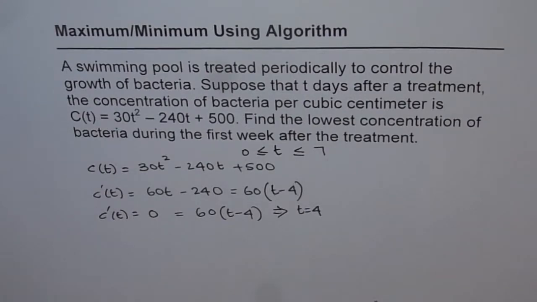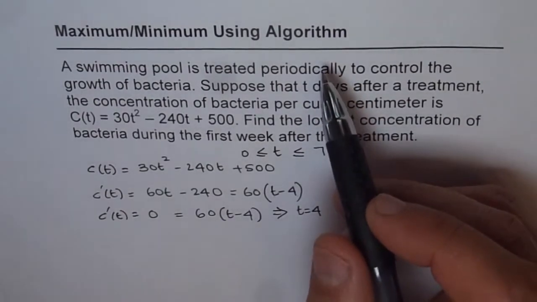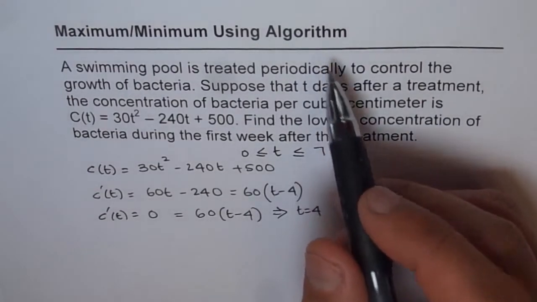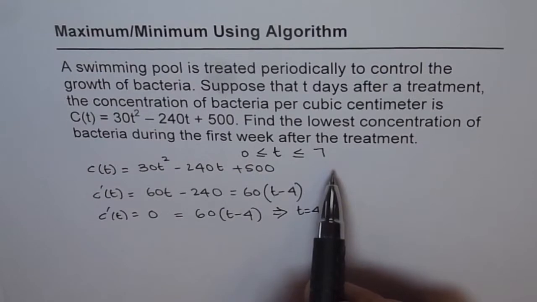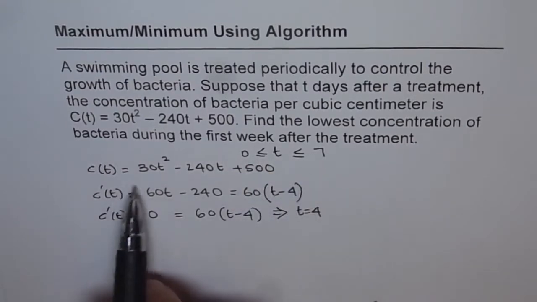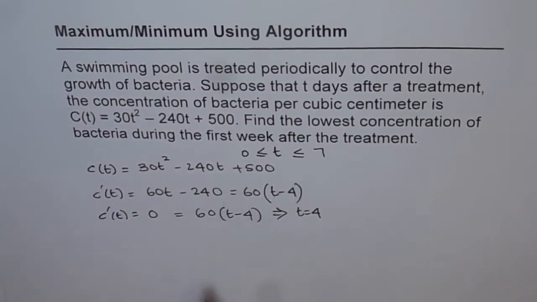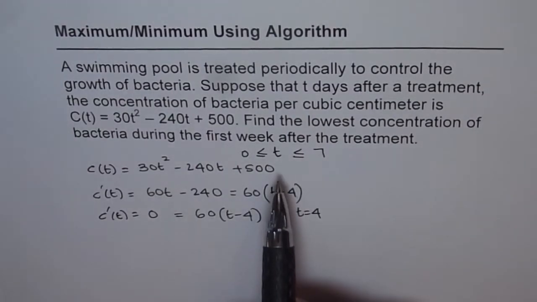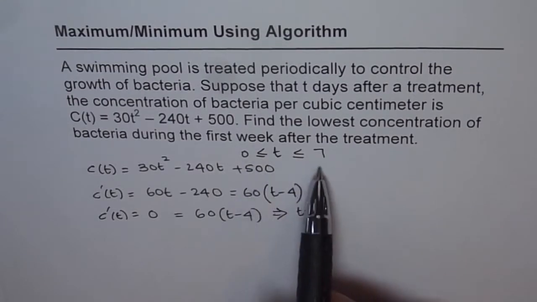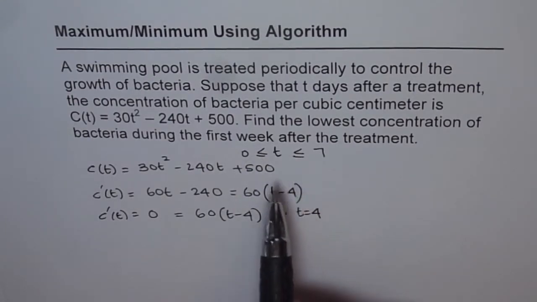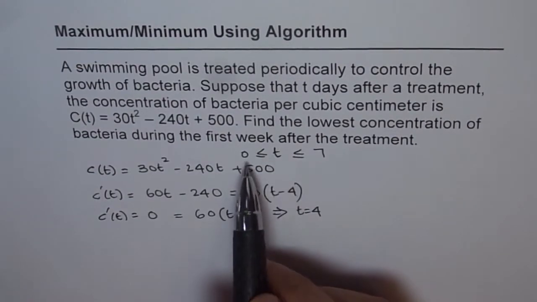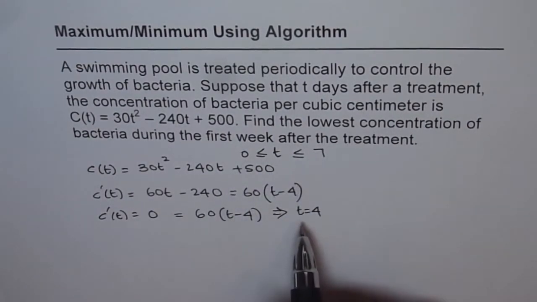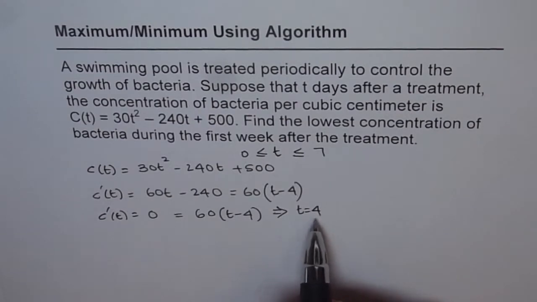So now we'll use the algorithm to find maximum and minimum. The algorithm is that in a closed interval as given here, which is 0 to 7, if the function is continuous, the function is a parabola, it is continuous, then it will have an absolute maximum or minimum within the interval, and in fact it will have both in this particular case, at one of these end points or at a critical number which is t equals 4.